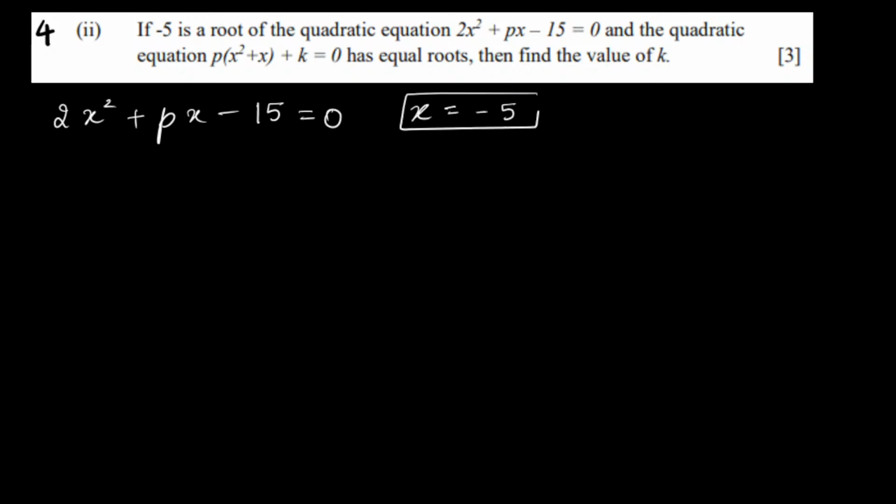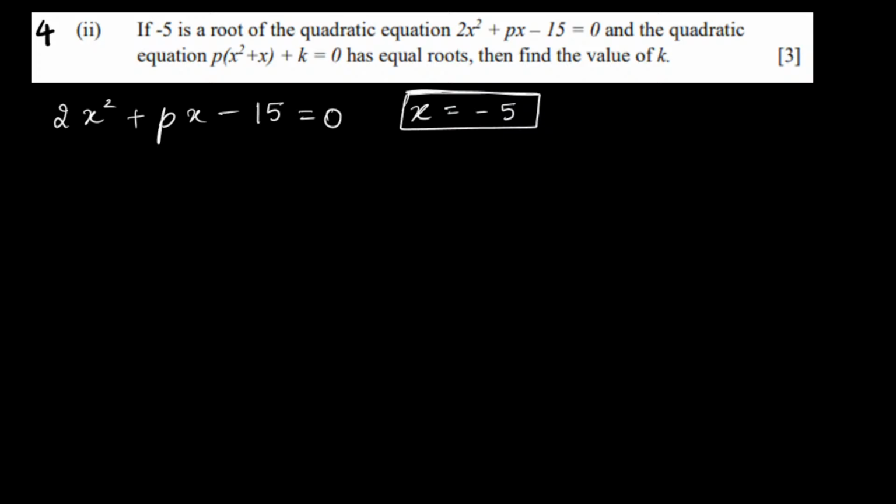If minus 5 is a root of the quadratic equation 2x square plus px minus 15 is equal to 0. This is the equation and its root. Root means solution, basically the value of the variable. So x value is given to us as minus 5. That way you can remember: root means solution.